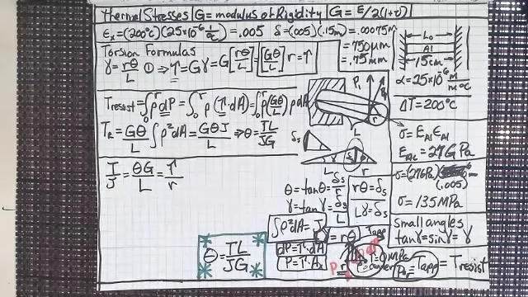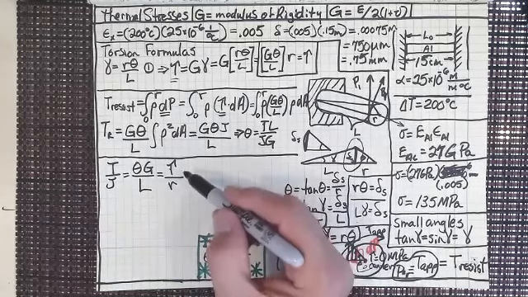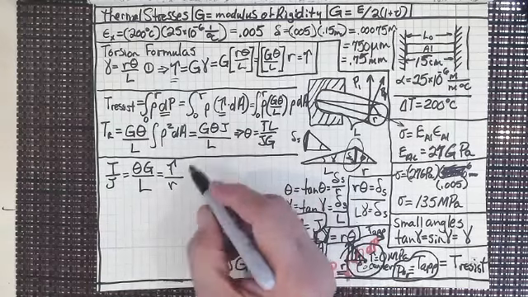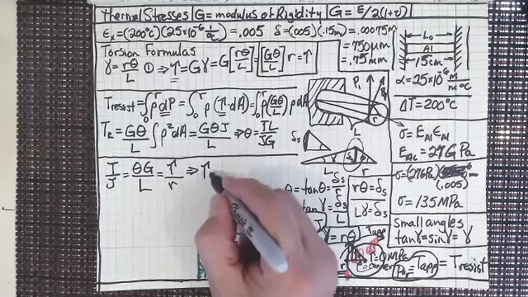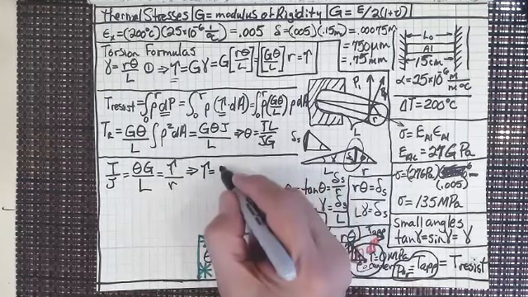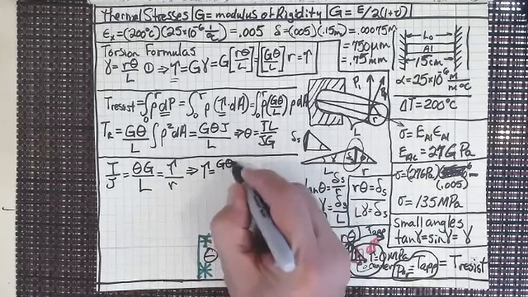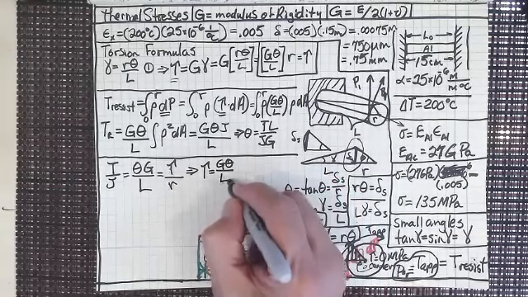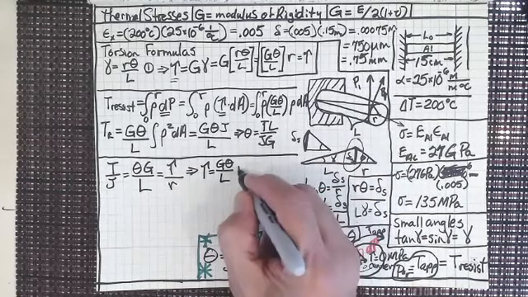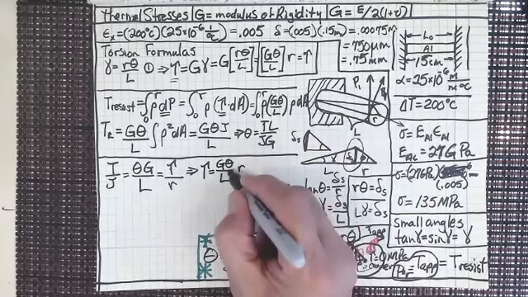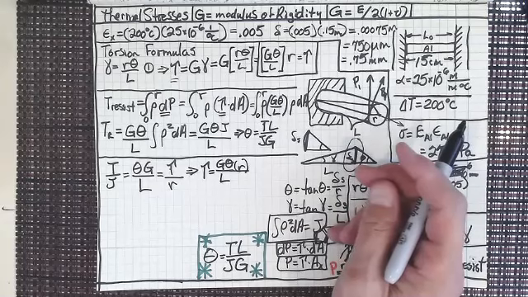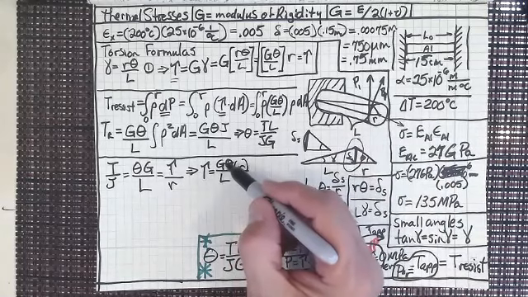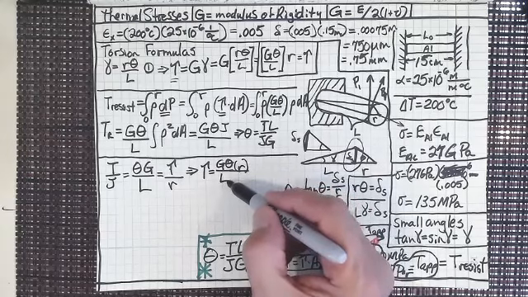We've already figured that out. So if I simplify this and solve it for tau, tau is going to be G times theta divided by L times R. In fact, I can extend that out, make sure R is in the numerator. So that's my stress, G times theta times R divided by L.